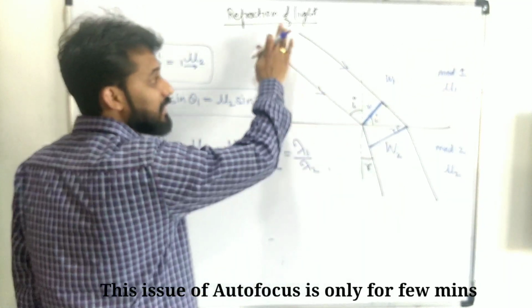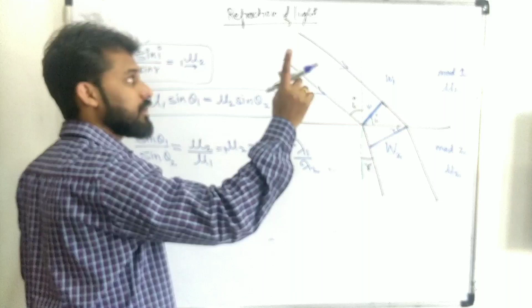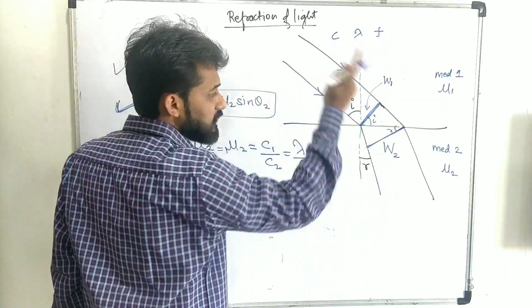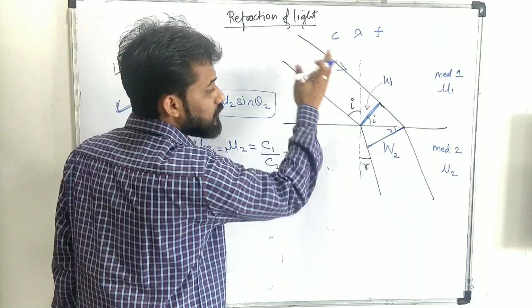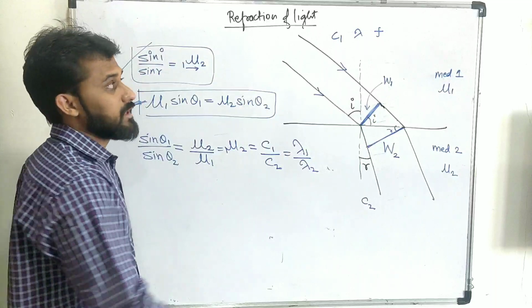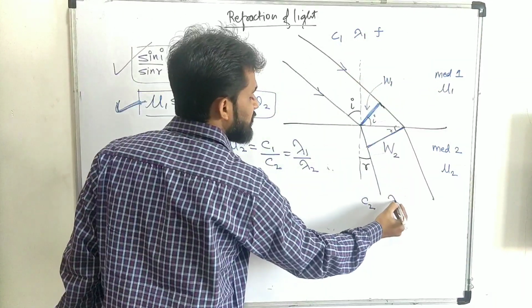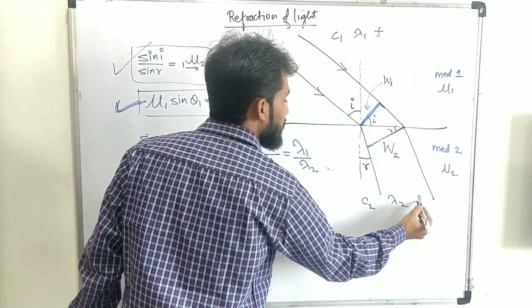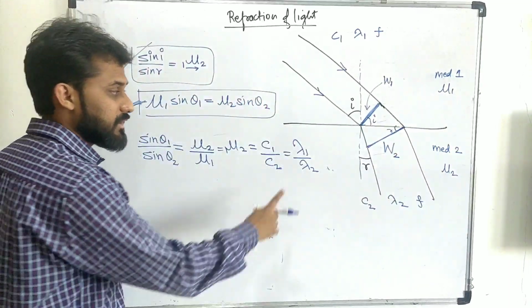Because whenever light changes the medium, among speed, wavelength, and frequency, which quantity will not change if light goes from first medium to second medium? तो यहाँ पे speed c1 है ना, तो this will become c2. यहाँ पे wavelength lambda 1 है ना, तो यहाँ पे wavelength will become lambda 2, but frequency will remain same. अब यहाँ पे frequency f है, यहाँ पे भी frequency f है, so frequency will never change.